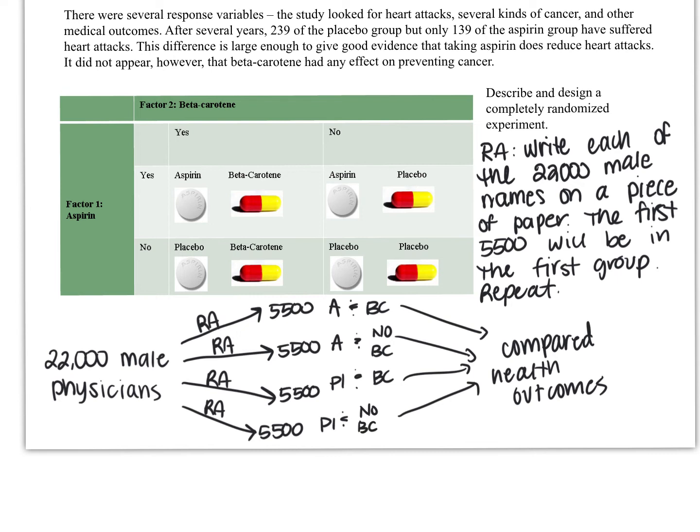And then we compared the health outcomes for our 4 groups, and that's how we were able to make the conclusion that aspirin helped reduce heart attacks, but beta carotene had no effect on cancer. And again, because we only looked at 22,000 male physicians, these results can only be applied to males, because there were no women in the study, so we can't talk about the effects or these results when applied to women.